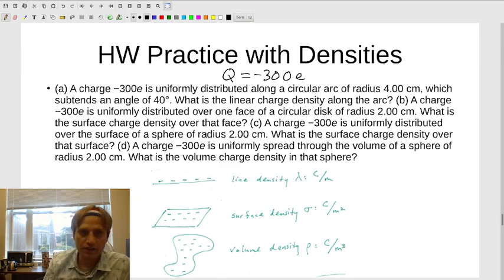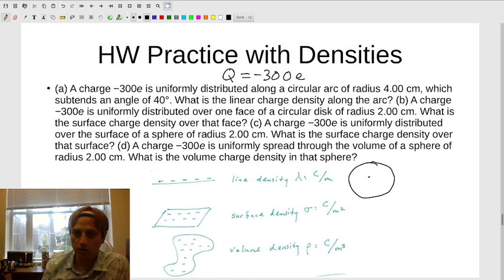In the first case, it says this charge is uniformly distributed along a circular arc of radius 4 centimeters, which subtends an angle of 40 degrees. So you have a circle. They want you to find what is this length if this is 40 degrees. So you would take 2 pi r. They give you the r, and then take 40 over 360 to get that particular length. And then your line density would just be, so you'd find that S, how long is that? And then you take your Q over S.